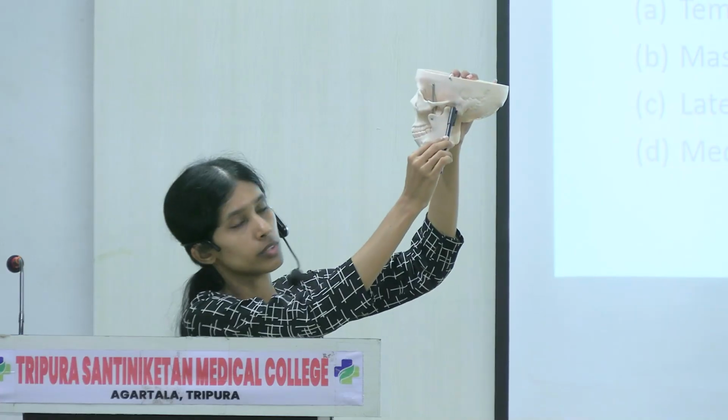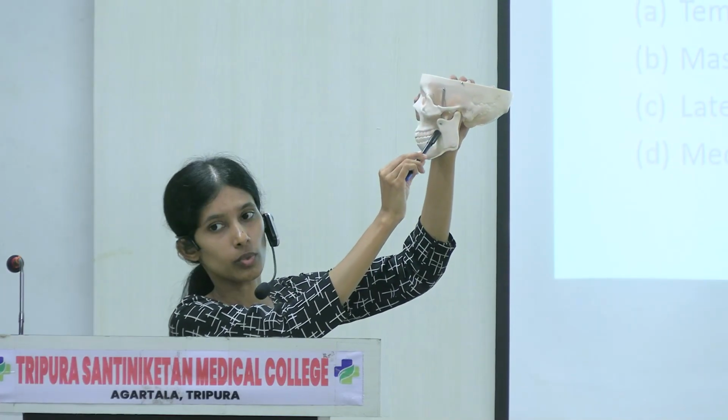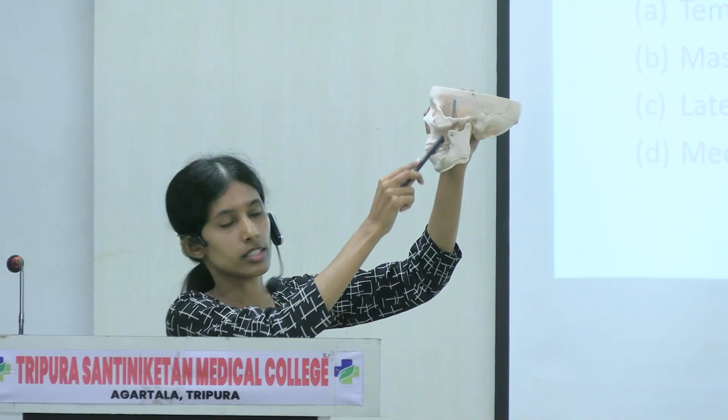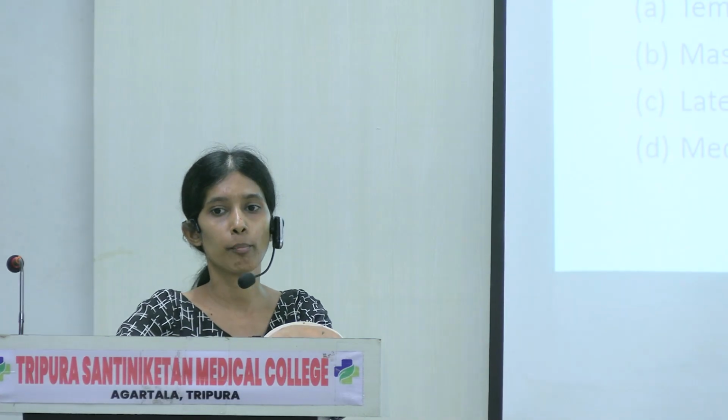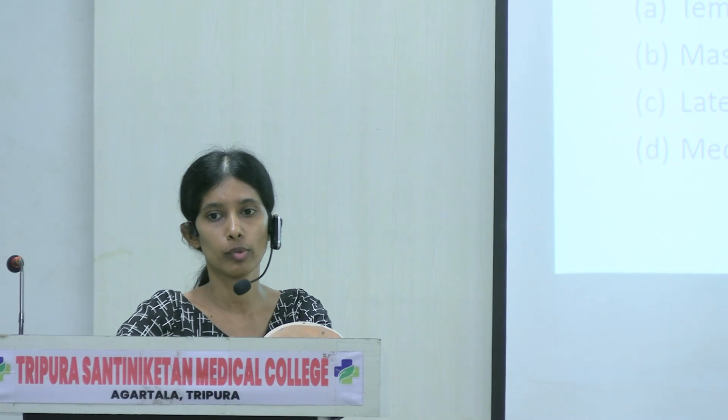This one, the anterior border of the mandible. Which is the anterior border? This one. This is the anterior border of the mandible. This is the insertion point of your temporal muscle, and it is supplied by which nerve? The temporal branch of the mandibular nerve.